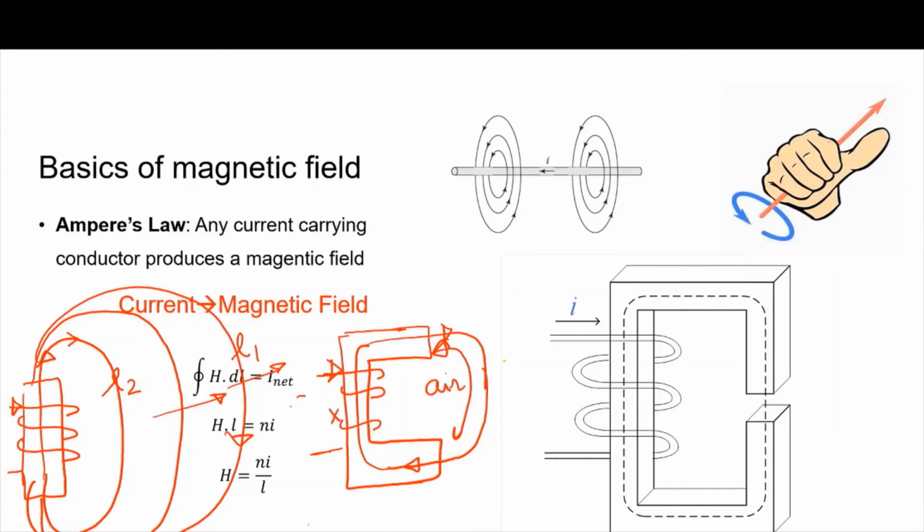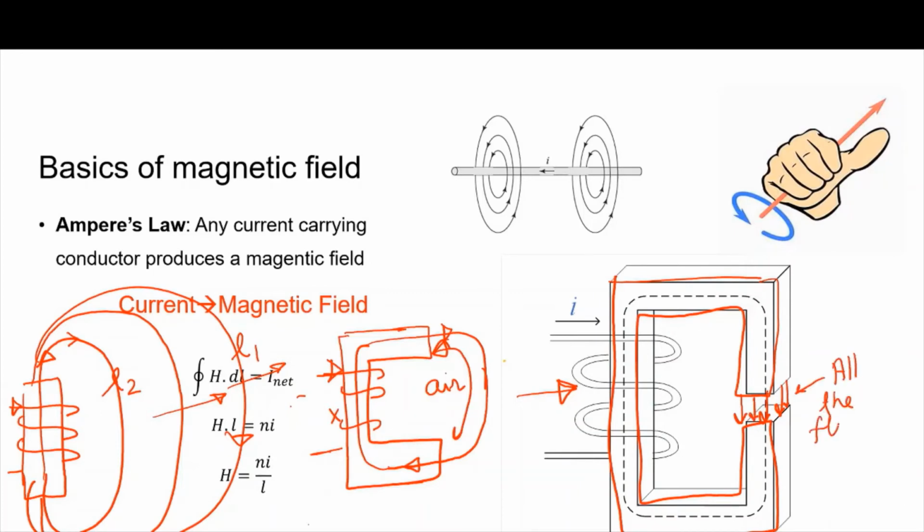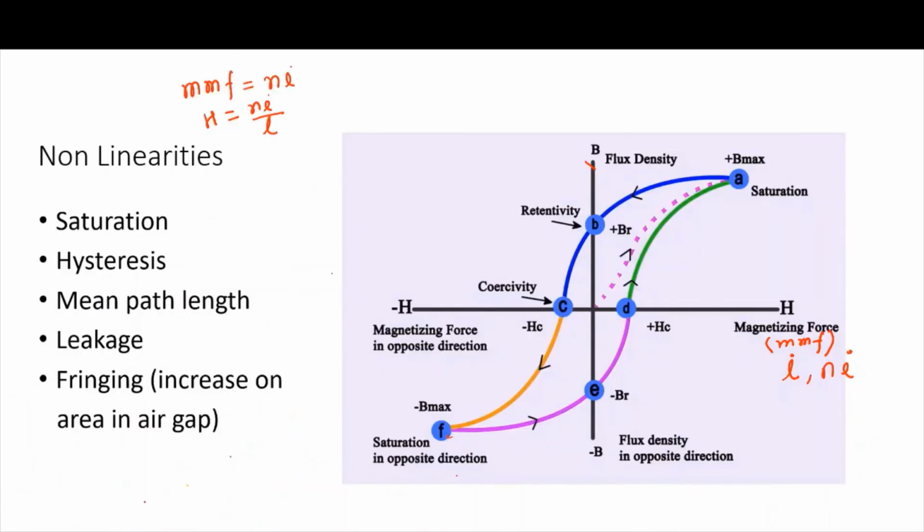Then you can go ahead and do something like this, which focuses all the flux and provides less leakage. So less air gap means less leakage. That is again a thumb rule we take. An air gap is not good because it provides leakage, but if there is no air gap, you have a high chance of saturation. So again, advantage, disadvantage. These are the 5 major nonlinearities which we want to discuss.